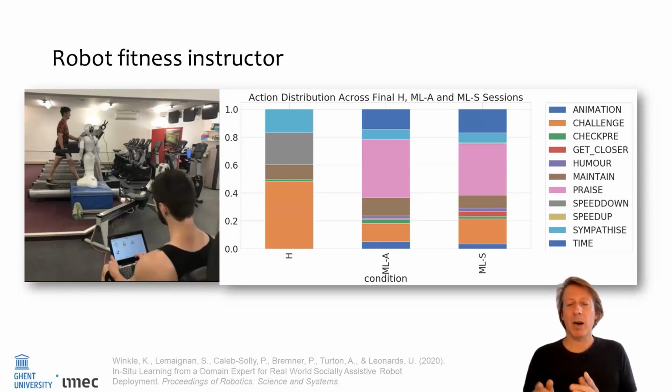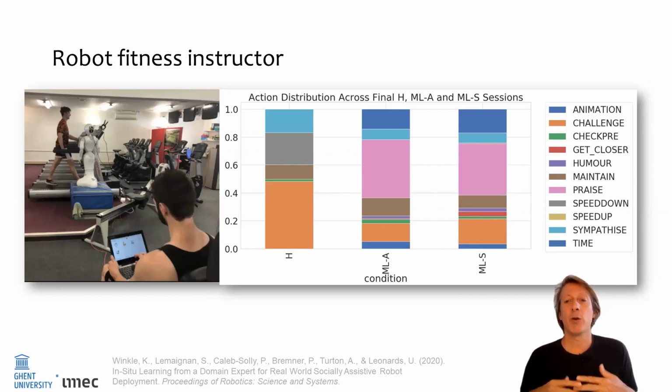And then the middle bar of that graph shows what the robot has learned. So the behavior of the robot pretty much matches the behavior of the human expert 100%. So it has become a virtual copy of the human expert. Now, have a look at the left-hand bar. This is what the human expert thought the robot would have to do.